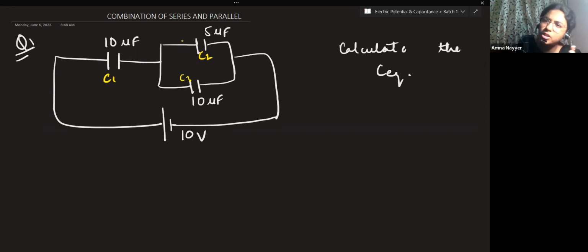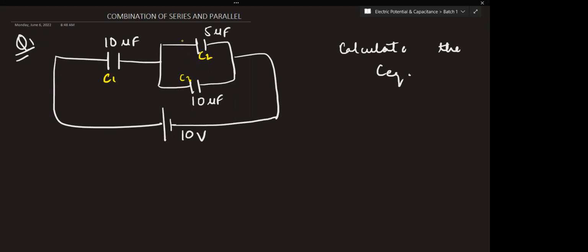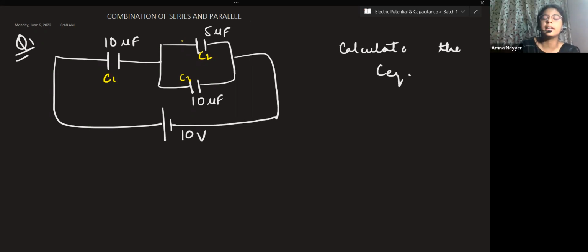They have different charge, they have different voltage. But if I talk about C2 and C3, how are they connected? Parallel. Correct. Both of them are connected in parallel.